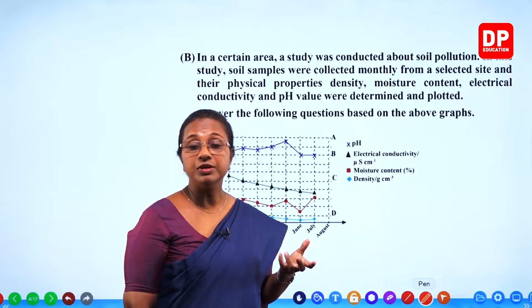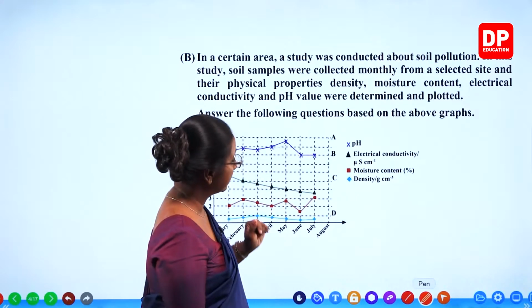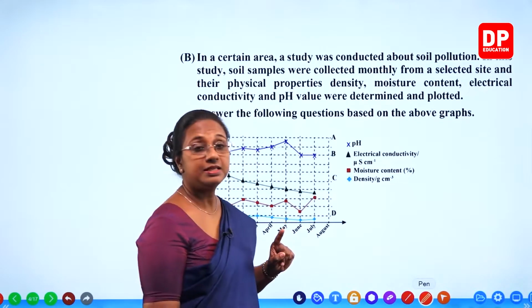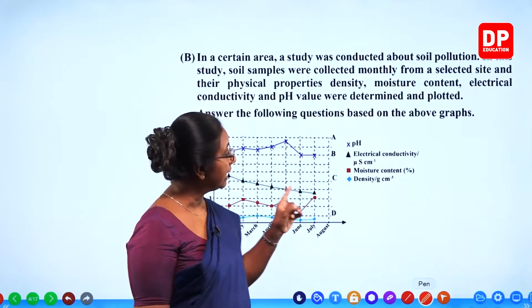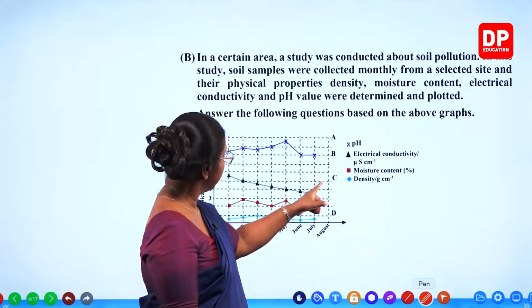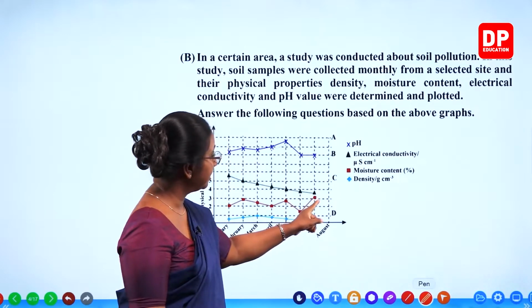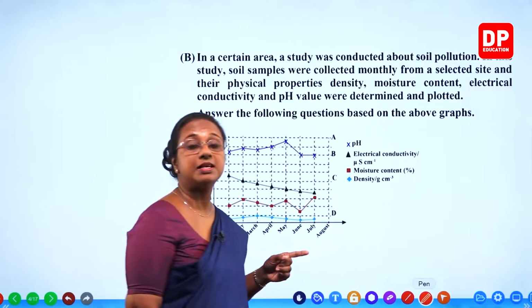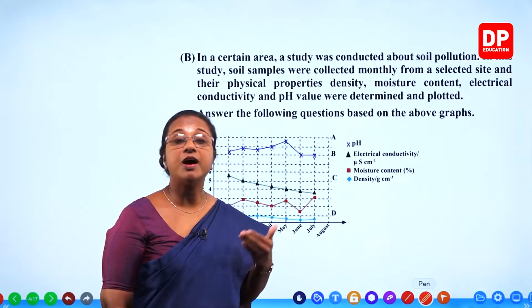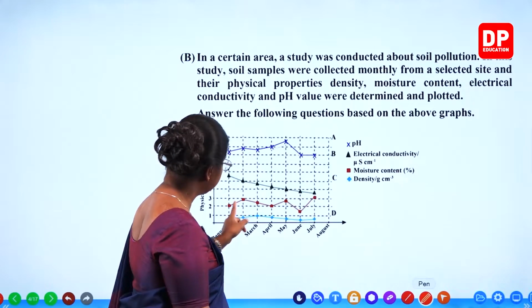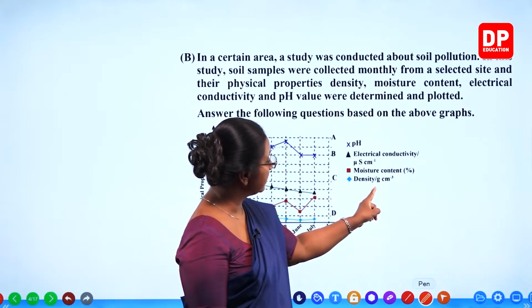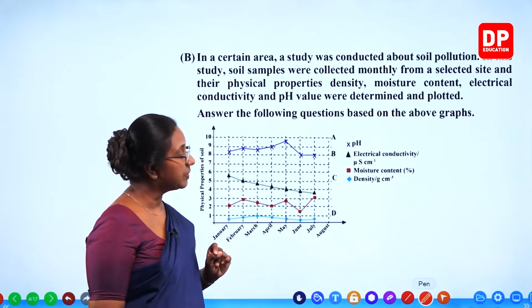Siemens is the standard unit for conductivity. Then the squares, red color here, it is the moisture content, that is given as percentage. So that is out of 100, the percentage.